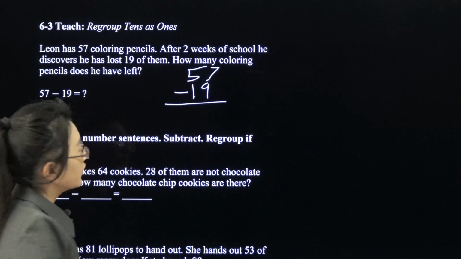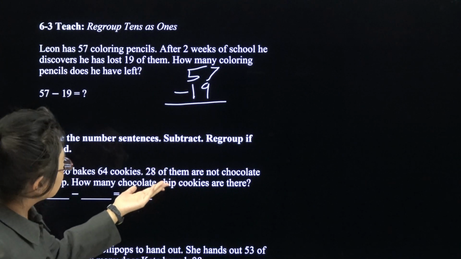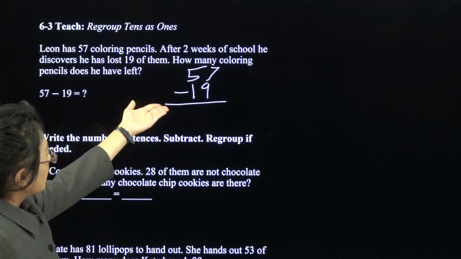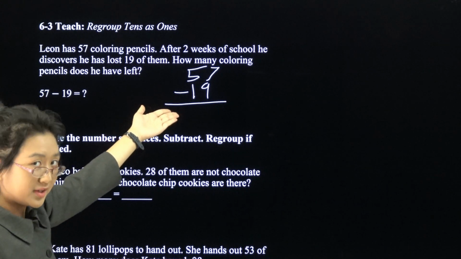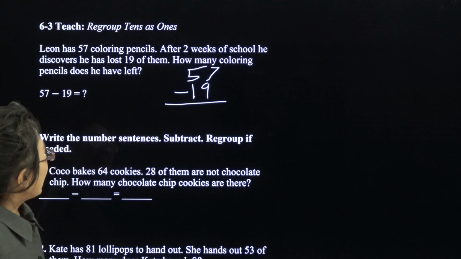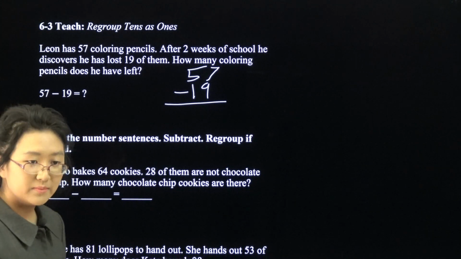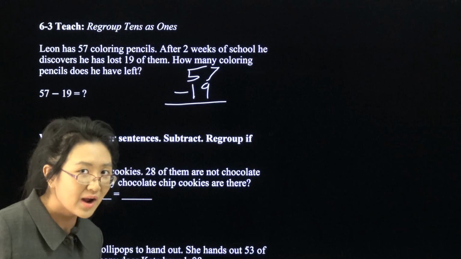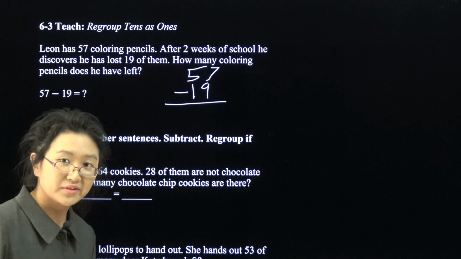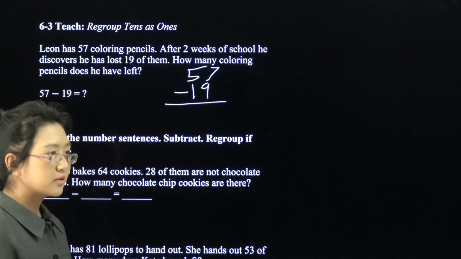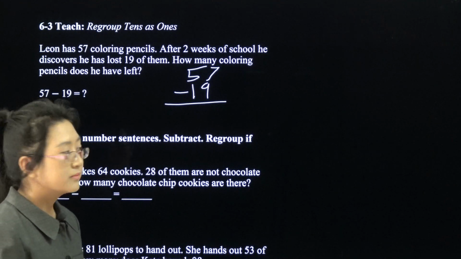Okay? So you line them up just like you do in addition, but instead of putting a plus sign, you put a minus sign. And you subtract the ones. But, oh no! 7 minus 9. How does that work? It doesn't. Well, at least not in grade 2.